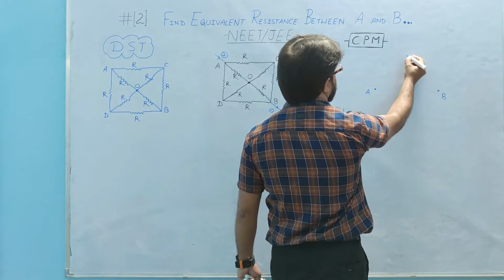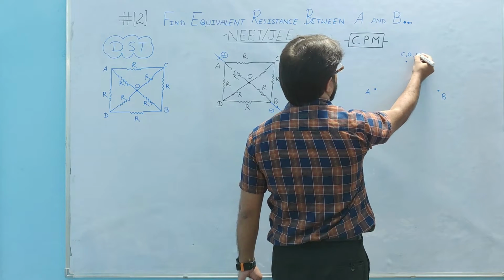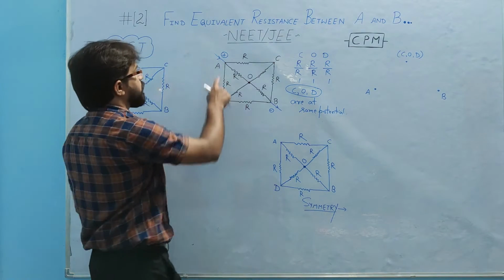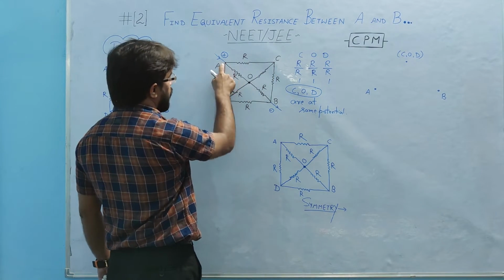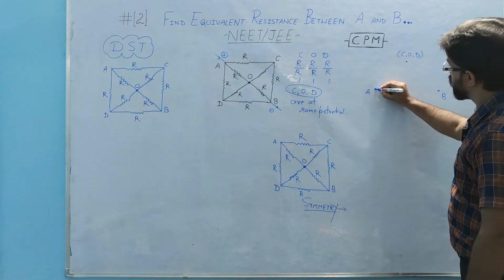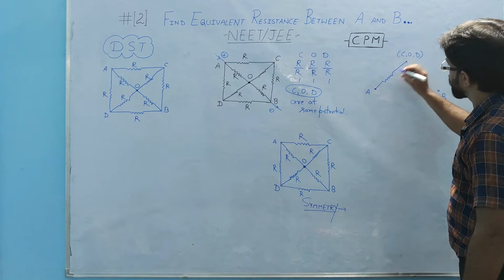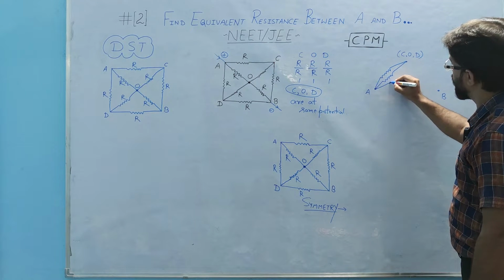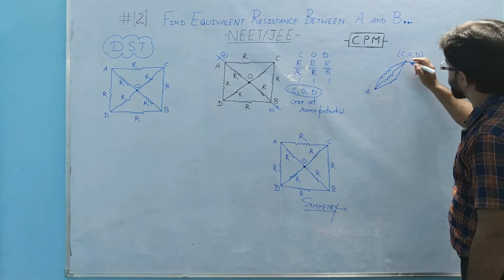So suppose this is that point, C, O and D. Quickly we start connecting A to C, A to O, A to D. 3 resistors connected from A.